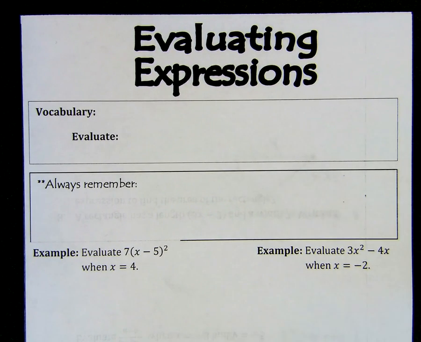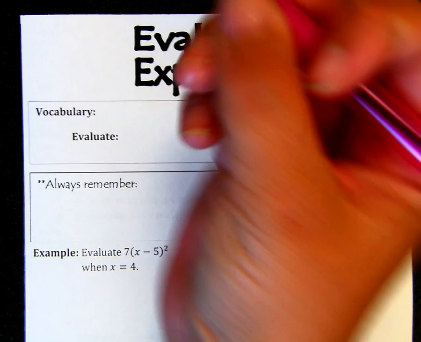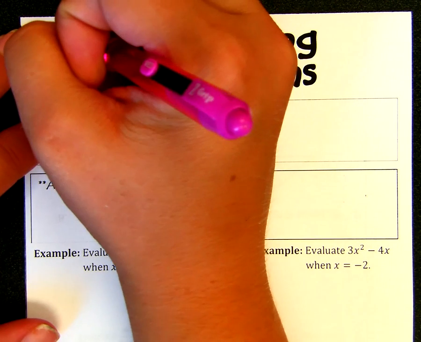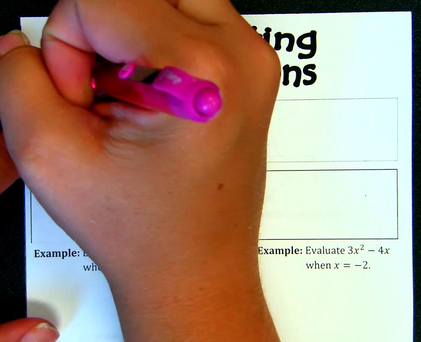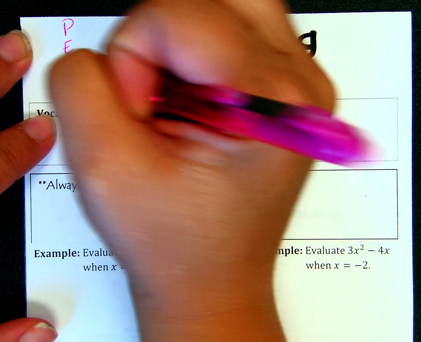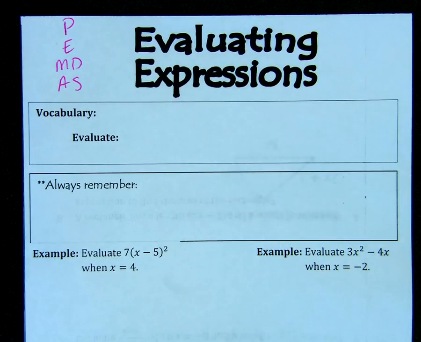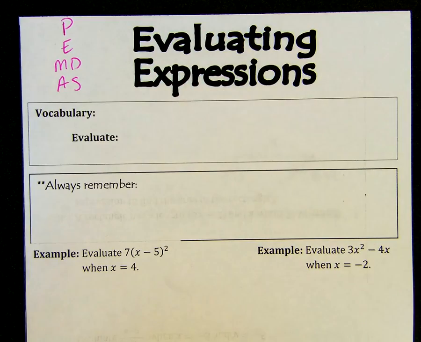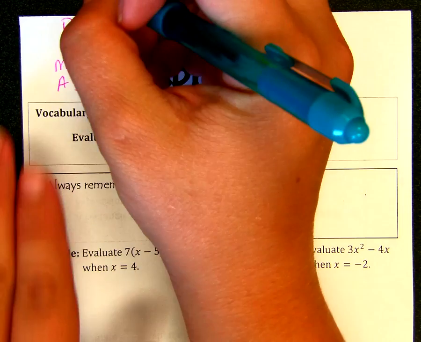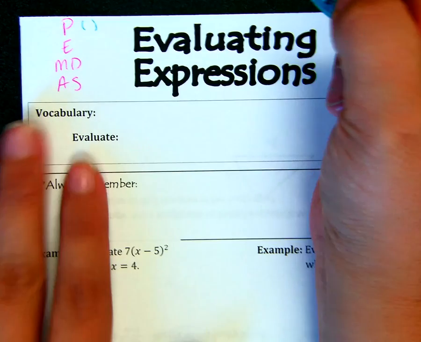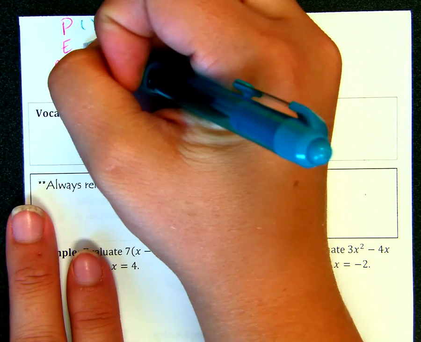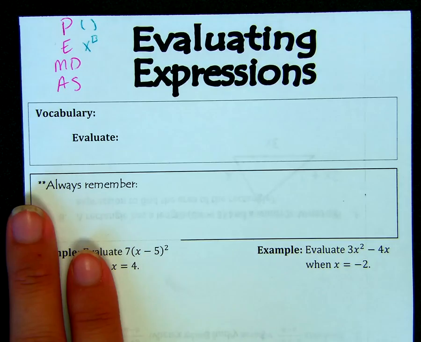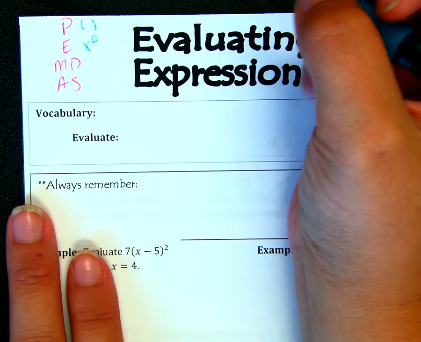Before we start filling out our notes, on the top right in the corner, I want you to write down PEMDAS. So let's refresh our memories on what PEMDAS means. P stands for parentheses. E stands for the exponent.